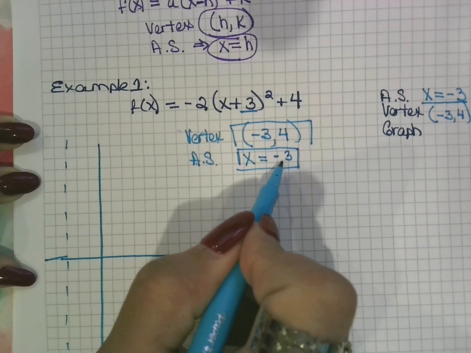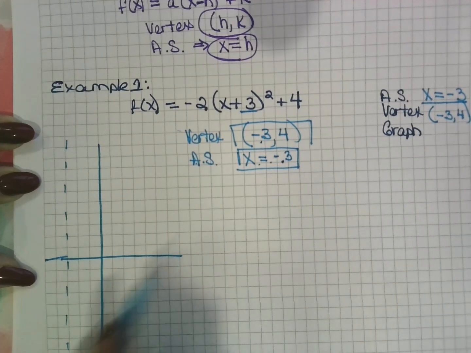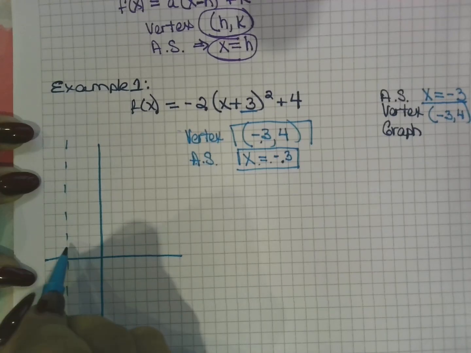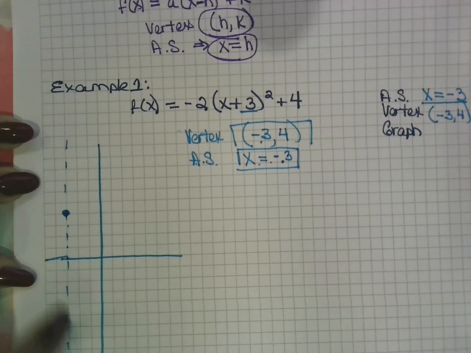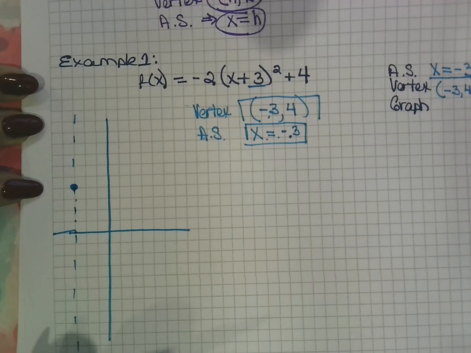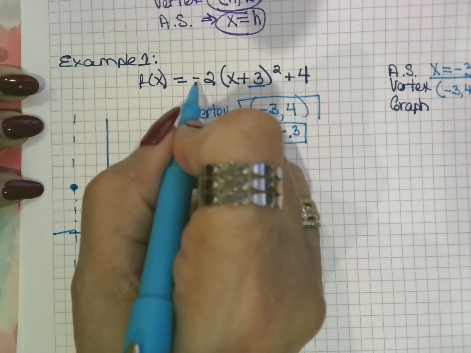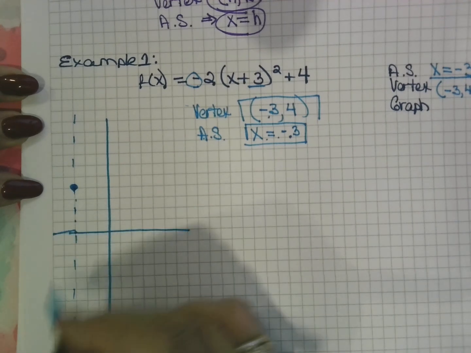So if the axis of symmetry is at x equals negative 3, your vertex must have negative 3 as its x-coordinate, and then the y-coordinate is 4. 1, 2, 3, 4. It must be on that line of symmetry, or axis of symmetry. This function is going to open down, and we see it because of the minus sign, which is great.